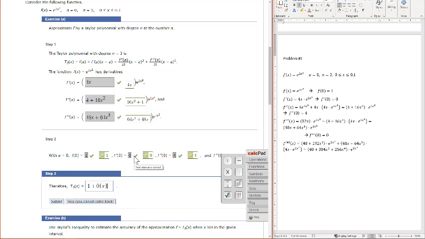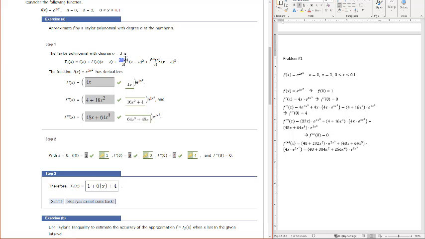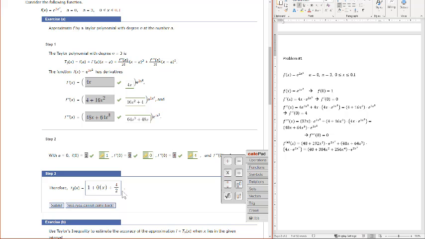And then we have a plus 4, that's the f double prime, and then we divide this by 2 factorial. And then we have x minus 0 to the second power.